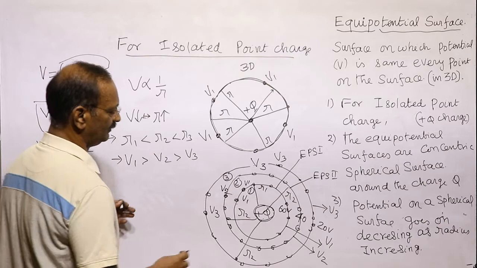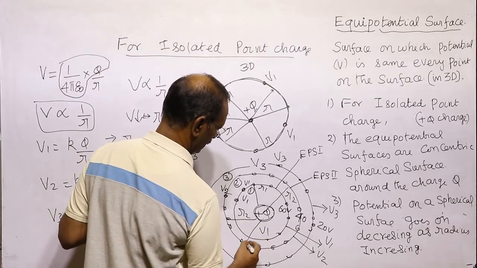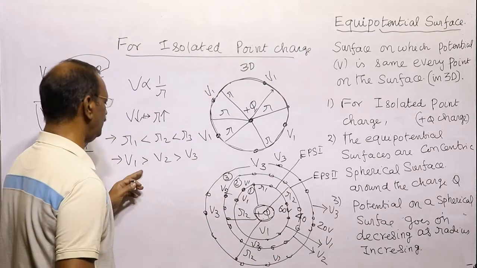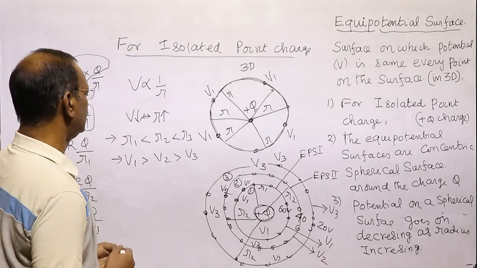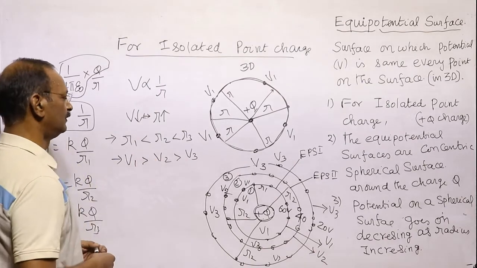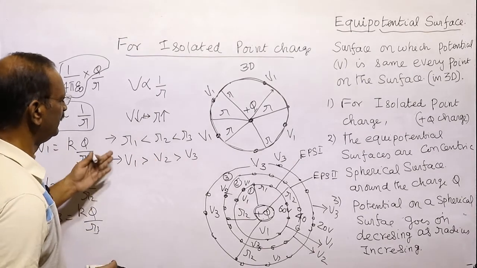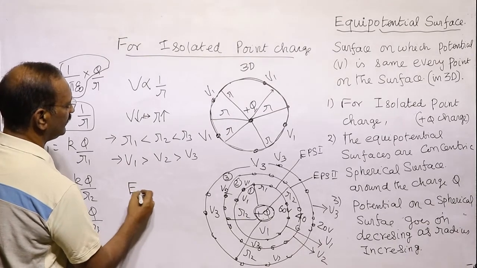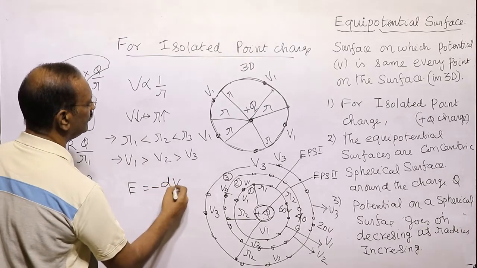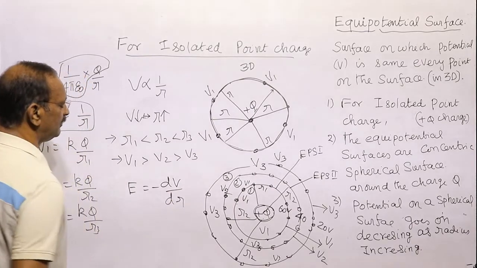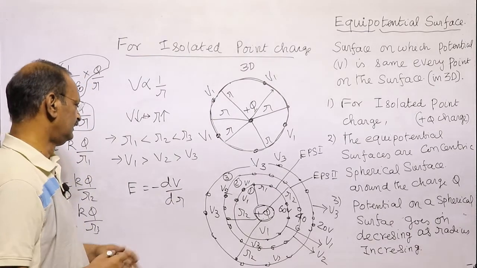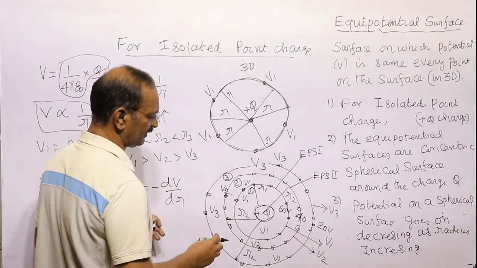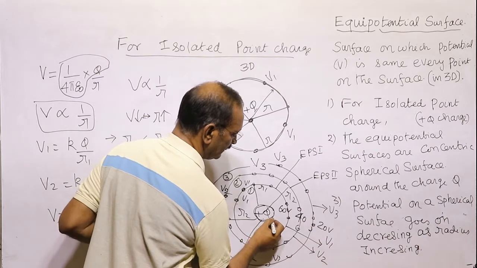So this is V1, this is V2, this is V3. V1 will be bigger than V2 as R1 is less than R2. We have already seen that the electric field is equal to minus dV by dr. It means along the direction of the electric field, what is the direction of the electric field for a positive charge?